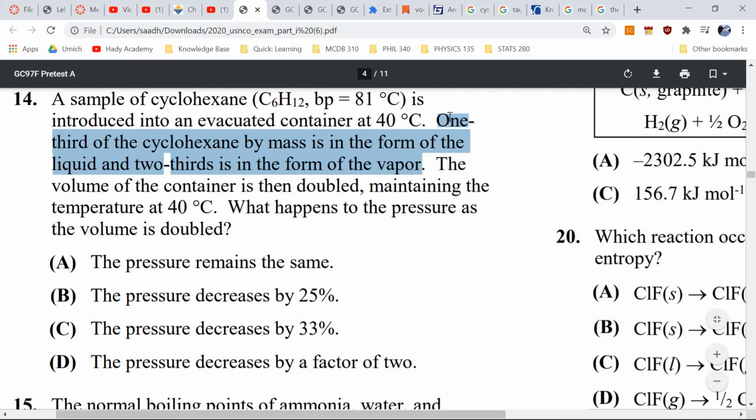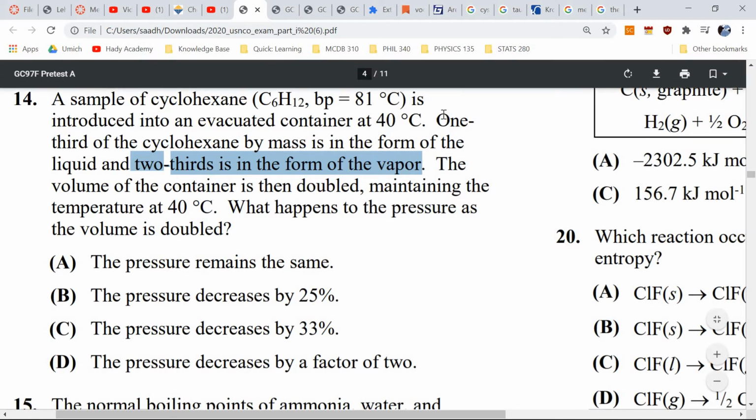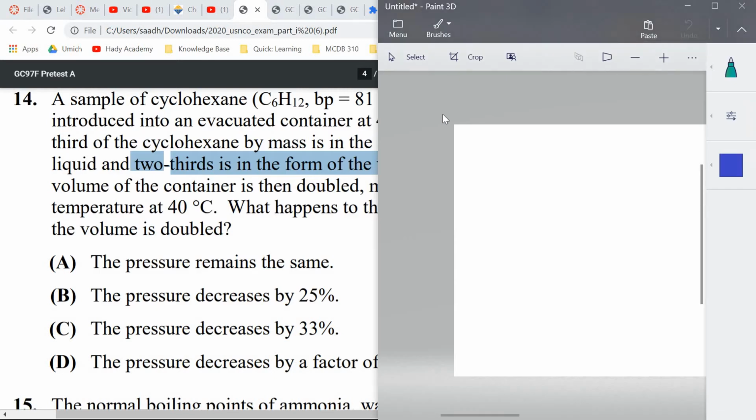Because now it has twice as much space, twice as much room to spontaneously evaporate. I'm confident if it was a half that was in vapor and a half that was liquid, the other half would have evaporated. But in this case we have 1/3 that was left, and this whole third evaporates, okay?